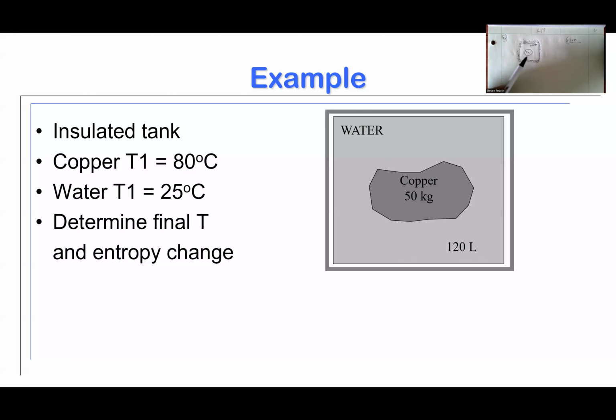I'm going to go full screen with this, so if you don't see exactly what I'm writing, that's okay. I'm just labeling things. What do we know? We know the volume of the water, which I'm just going to subscript as W. V_W is 120 liters. We know the mass of the copper, m_Cu, subscript Cu for copper, 50 kilograms, big chunk of copper, about 100 pounds or so, for those of us that think in English units.